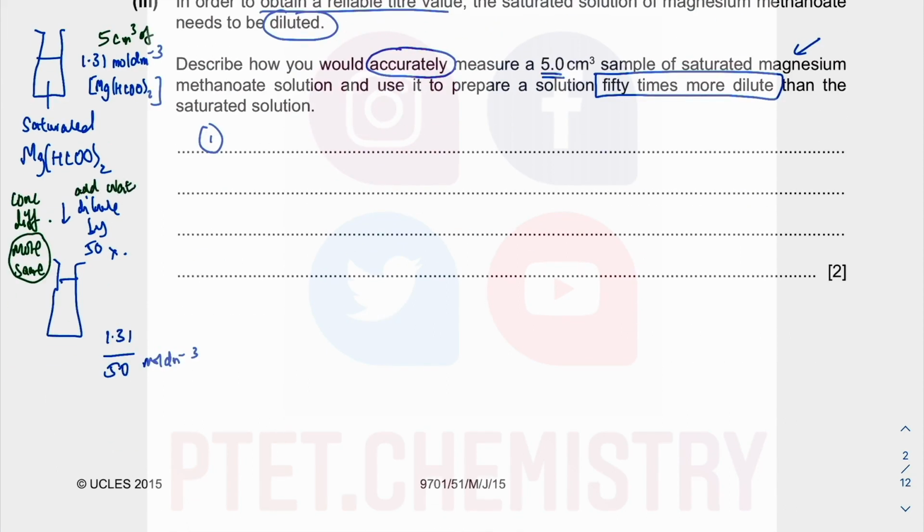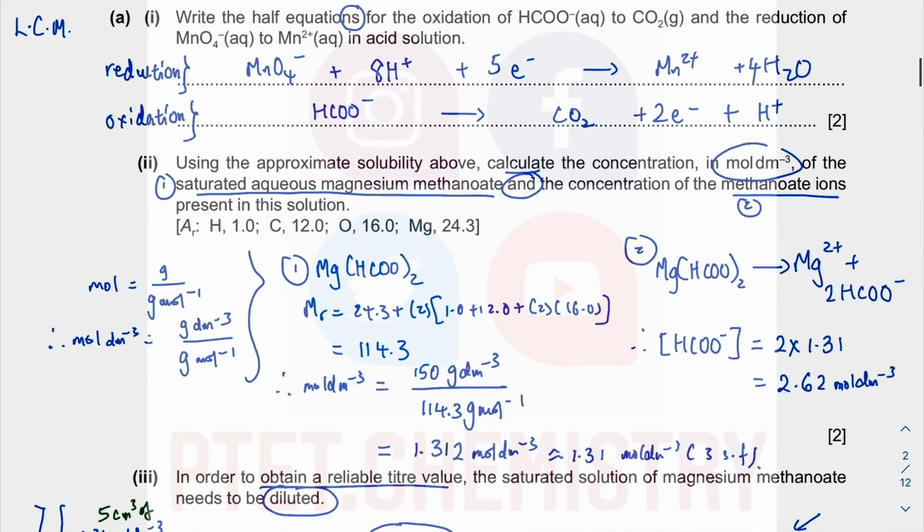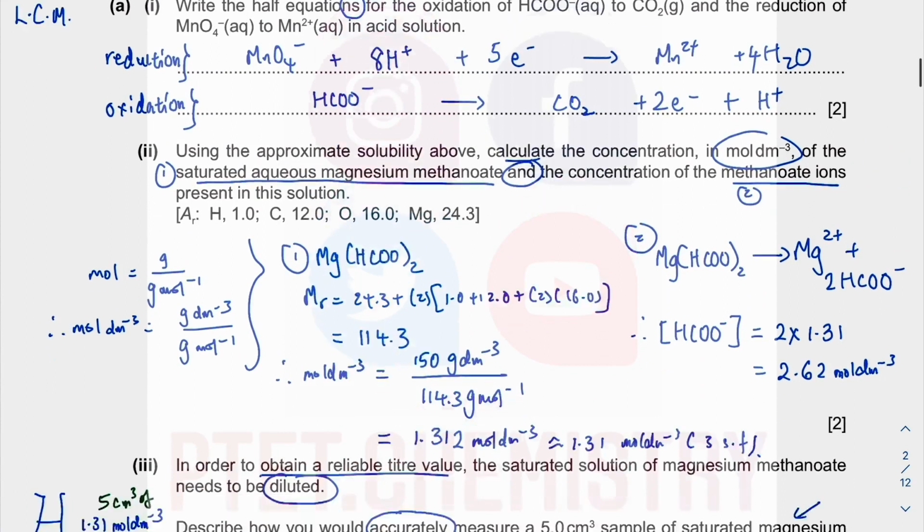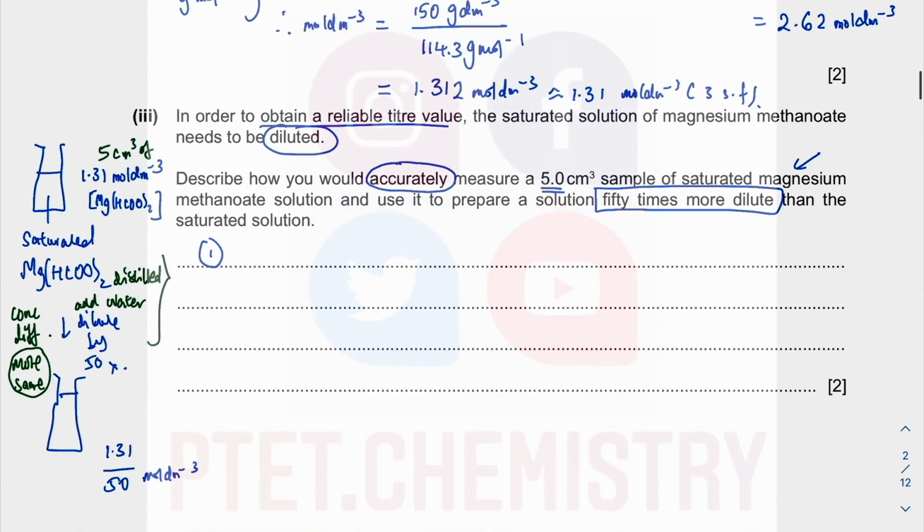Well, in fact, I don't just add water, I add distilled water, because if I just use any water, it might contain dissolved minerals. I'm doing titrations that involve ions, and dissolved ions present in just water or tap water might have interfered, might have made my titration less accurate.